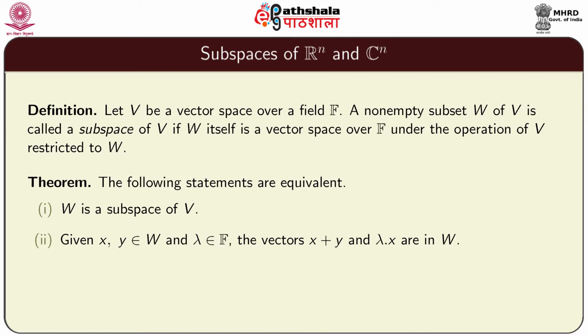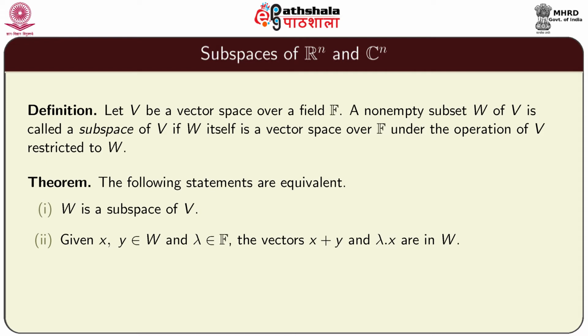So, that means plus is a binary operation which is a map from V cross V to V. Now, when we say that W itself is a vector space over F under the operation of V restricted to W, that means if we restrict that binary operation plus to the subset W cross W, then the image of that map is going to be in W. In other words, if we take x and y from W, then x plus y will be in W.